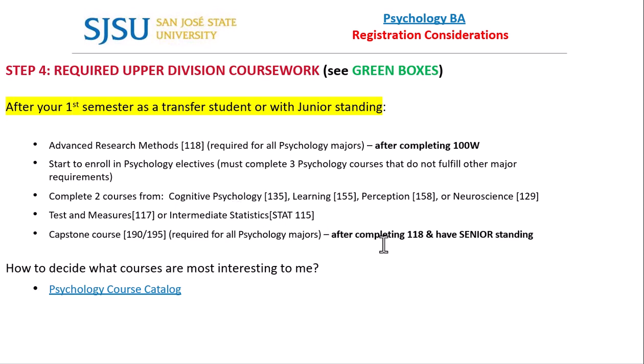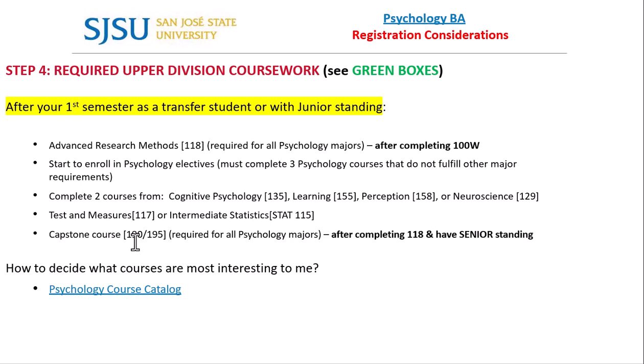And then after you've completed 118, which is the Advanced Research Methods class, and you have senior standing, that's when you'll take your capstone course. For most students, it will be Psych 190. If you are taking the honors track, then it will be 195. Okay, most students take 190. So that's the 3rd required upper division course for our psych majors.